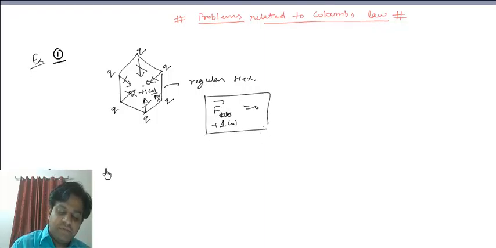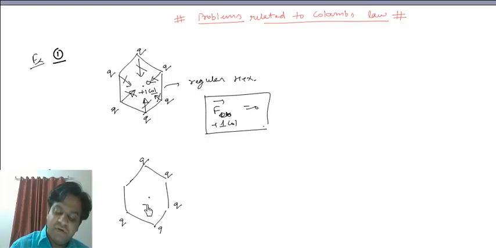One more example: if I take the same hexagon, Q, Q, Q, Q and Q charges are kept on 5 vertices, but this vertex is kept free. Then what is the force acting on this +1 charge kept at center O? In this case I can easily see that this force will get cancelled by this upward force.